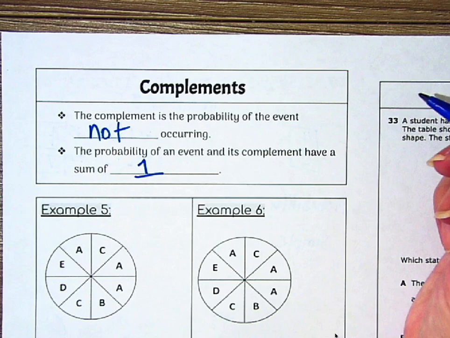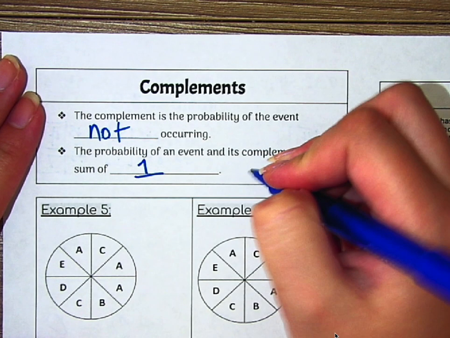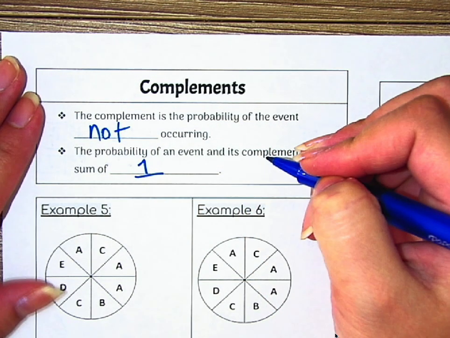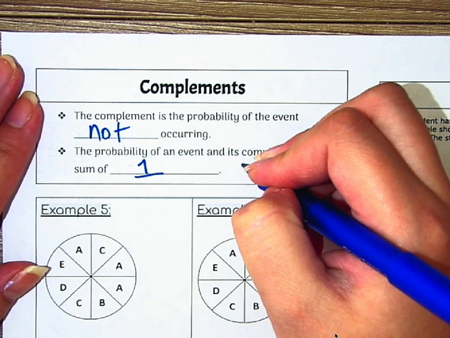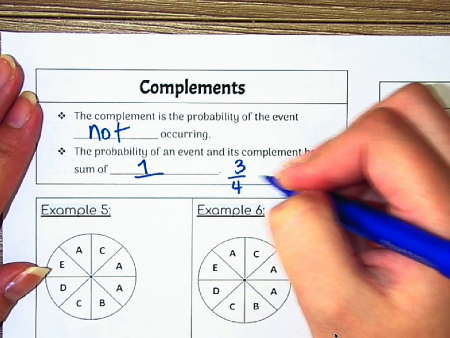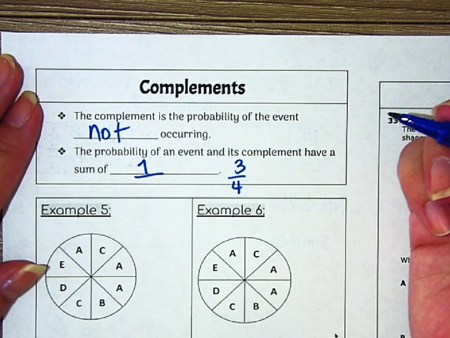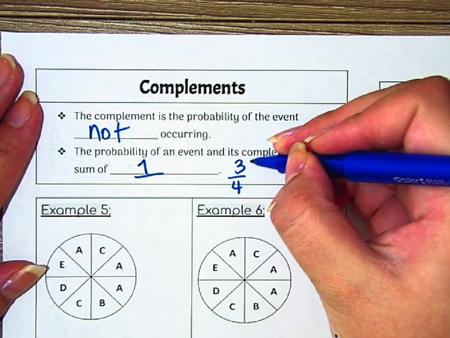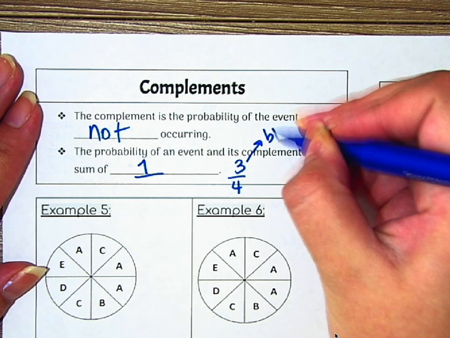So that means that if it's asking for, let's say, 3 out of 4 are blue, this right here is how many are blue.